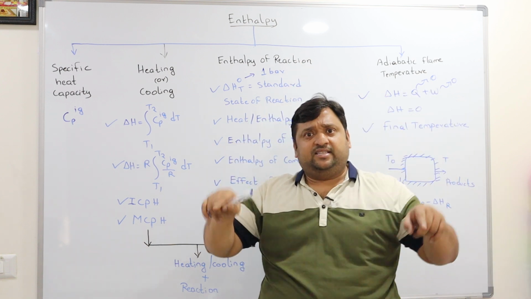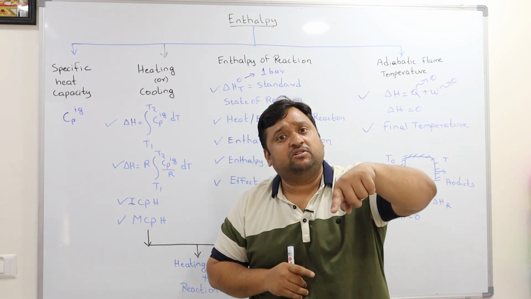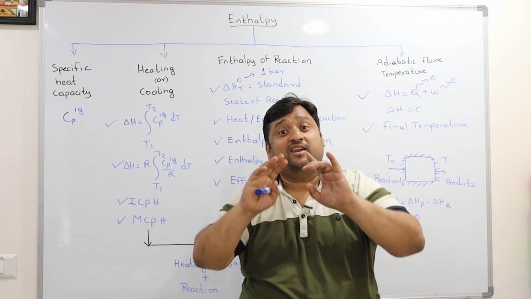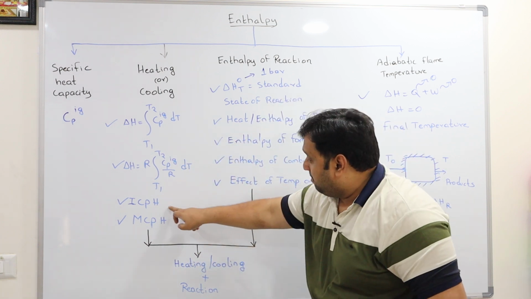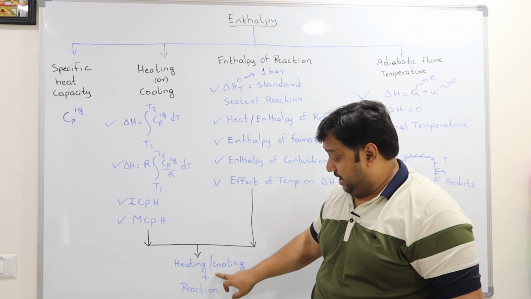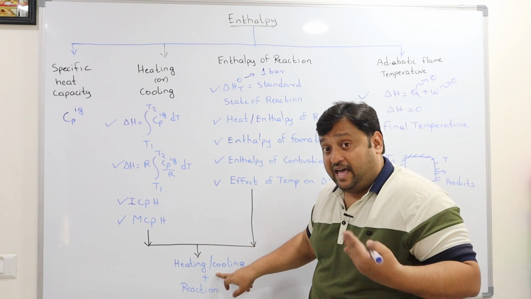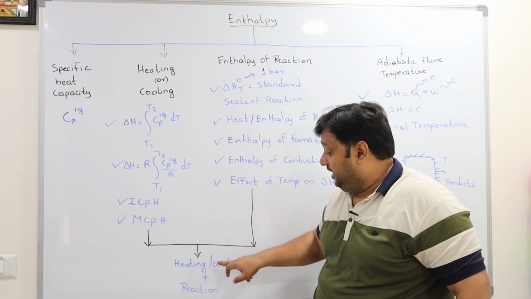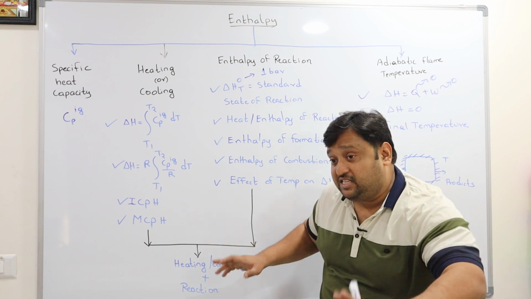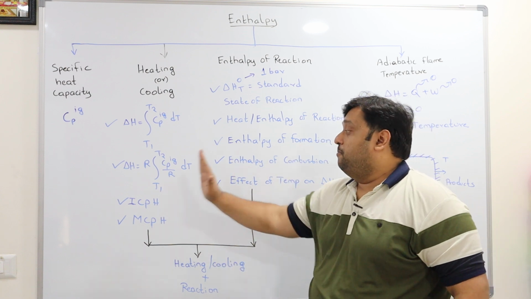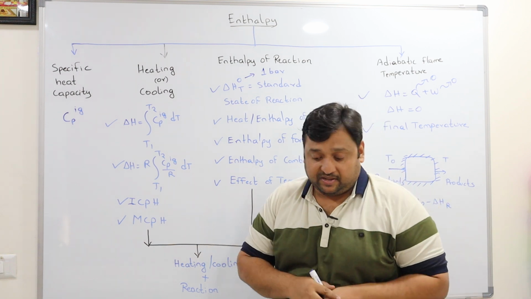For example, in a system, heating and cooling is happening and simultaneously the reaction is also happening. That means we have to combine these two to find out the enthalpy changes in heating and cooling systems as well as the reaction. That means you are going to combine these two terms.